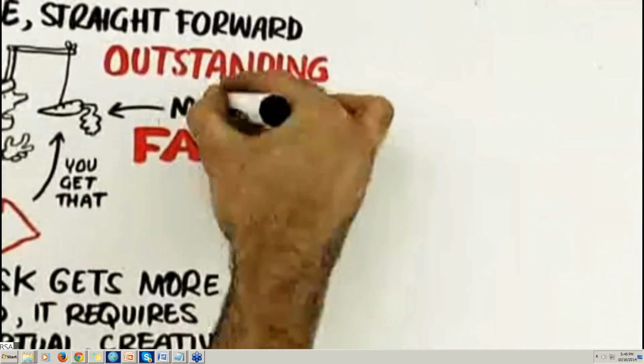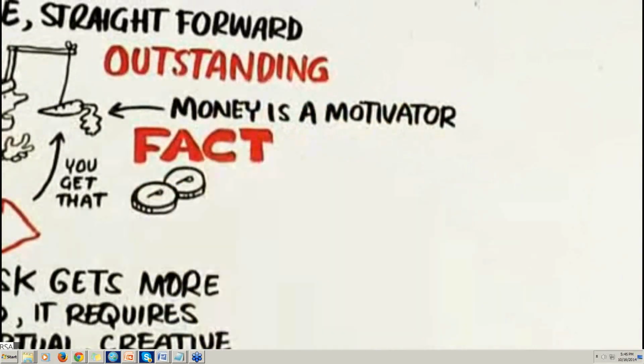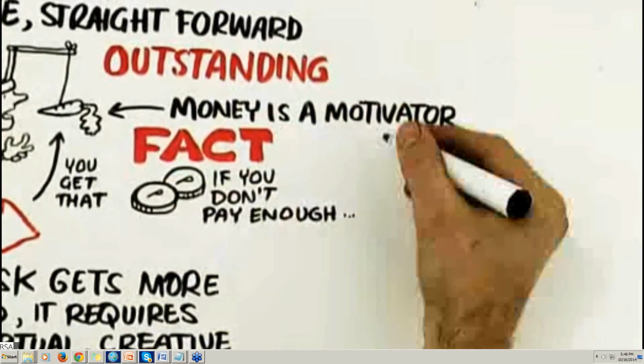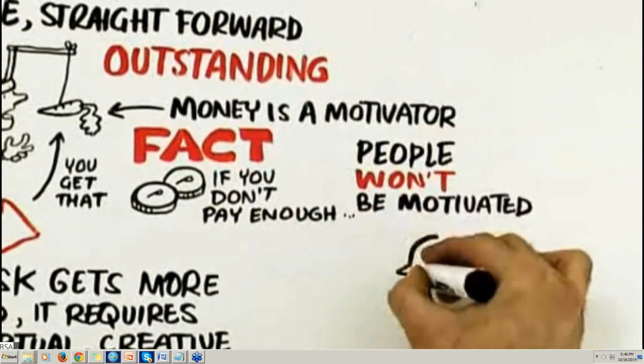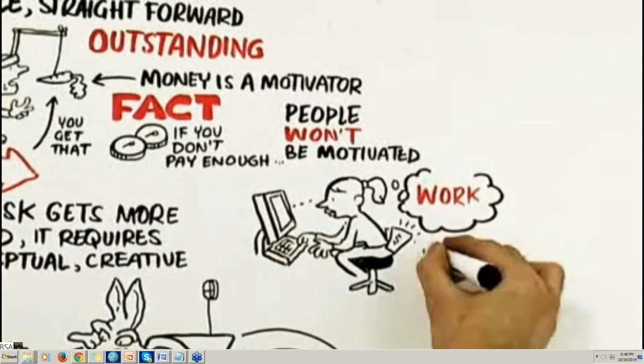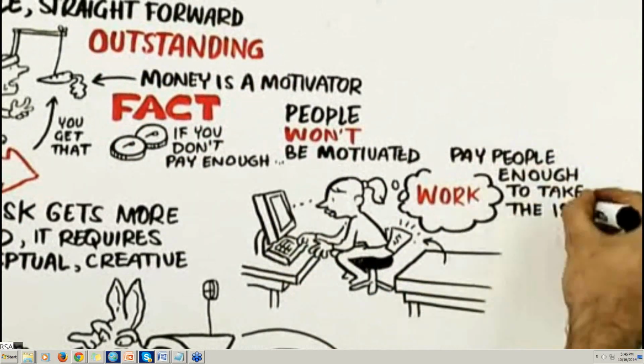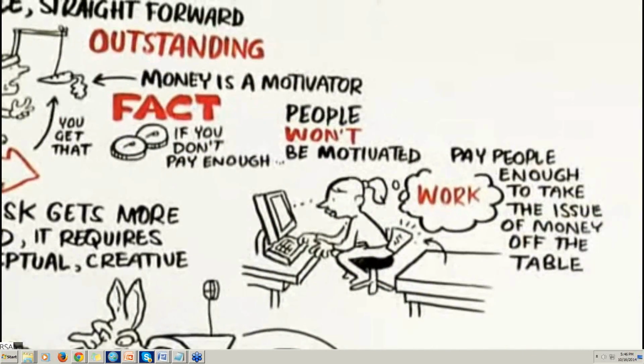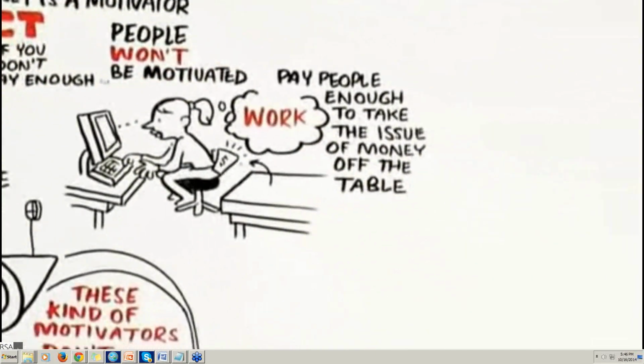In fact, money is a motivator at work, but in a slightly strange way. If you don't pay people enough, they won't be motivated. But there's another paradox here: the best use of money as a motivator is to pay people enough to take the issue of money off the table, so they're not thinking about money and they're thinking about the work.